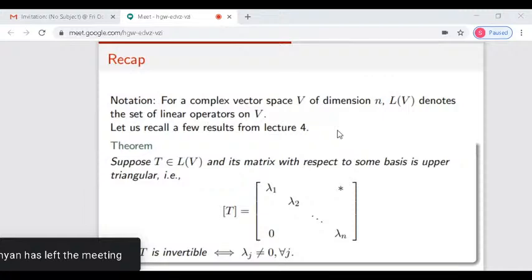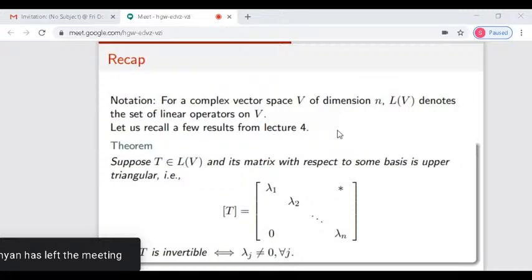And using this result, you also saw that if you take a linear operator T on a vector space V, and suppose its matrix with respect to some basis is upper triangular, then the eigenvalues of T are precisely the diagonal entries of the matrix. This again emphasizes why an upper triangular matrix is so nice. You already saw this property for diagonal matrices, but it is true even for upper triangular matrices.